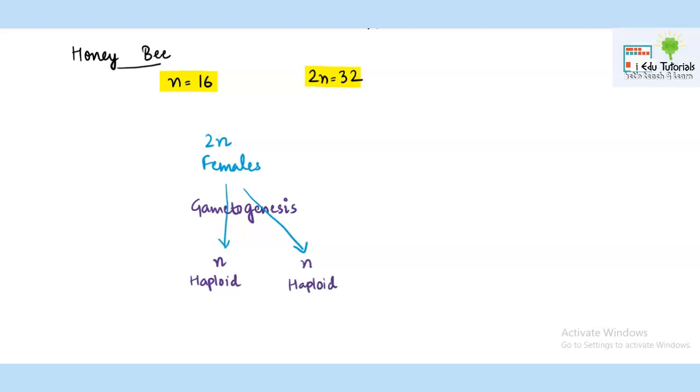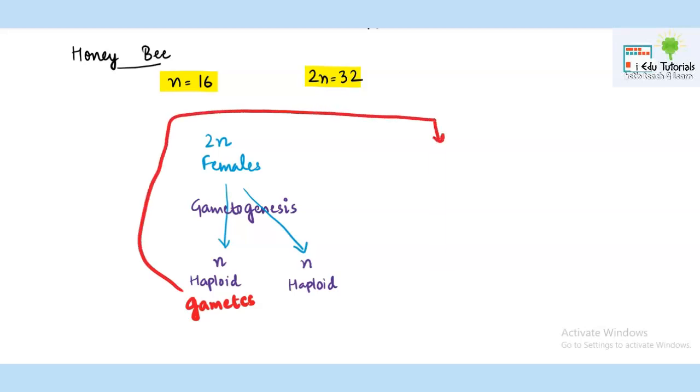Now, a very special type of development is there. Few haploid cells or few gametes do not undergo fertilization, rather they form the new individual by a process of parthenogenesis.